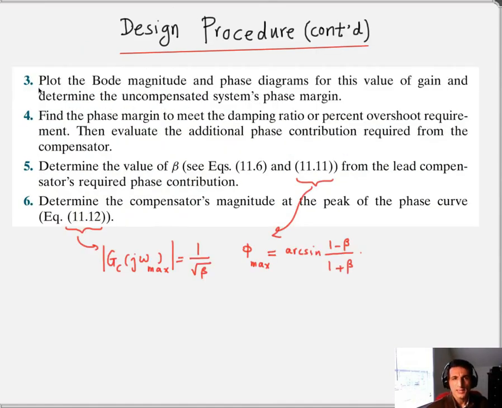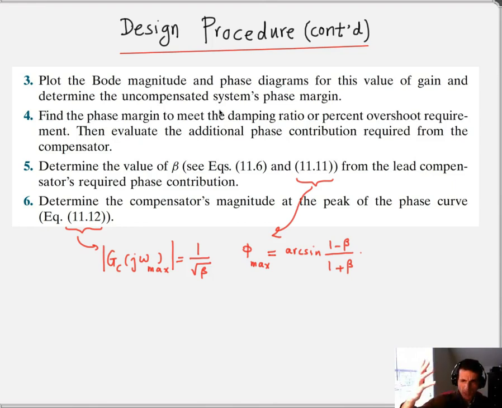Once you find K, step 3 is to plot the Bode magnitude and phase diagram for this value of the gain K, and also determine the uncompensated system's phase margin. Step 4, you find the phase margin that you need to meet the damping ratio or the percentage of overshoot requirement.